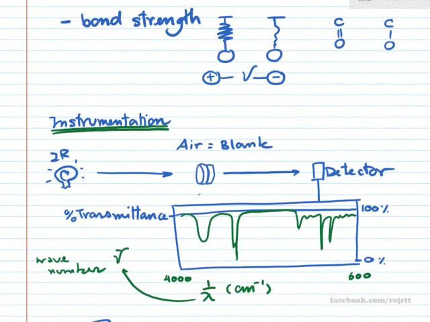And this is the instrumentation. Firstly, you have an IR light source, and then pass it through your sample. The sample holder is very specific because almost every chemical bond absorbs IR. So you need something without covalent bonds in order to prevent absorption of IR, because otherwise it will ruin the spectra of your covalent or organic compounds.